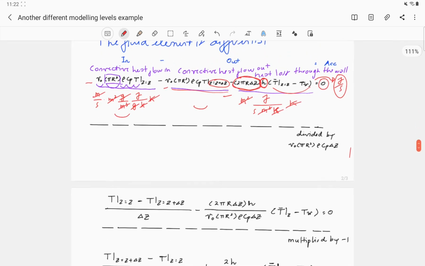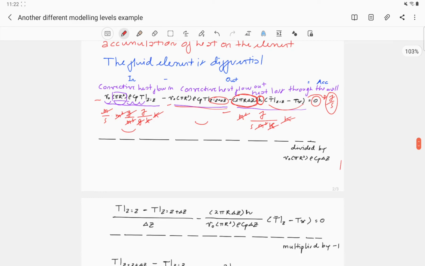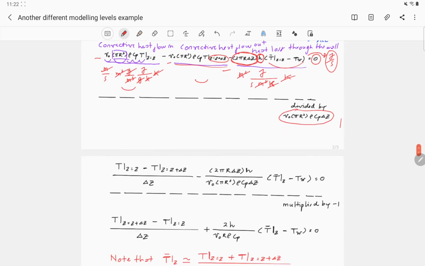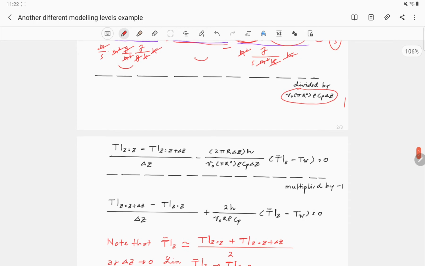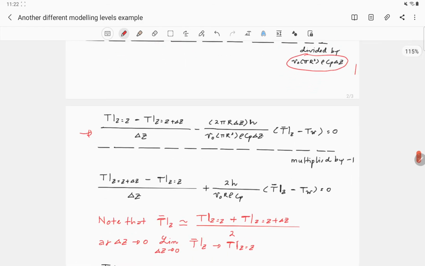Then what will happen is that we divide this whole equation by V naught pi r square rho Cp multiplied by delta Z. Once we do that, we can have this term in here. Then we can multiply by -1, and we will get this term.